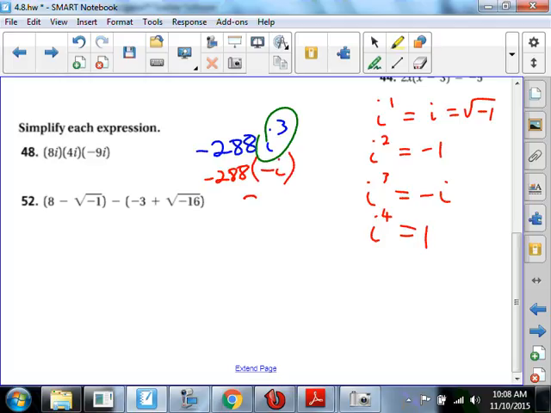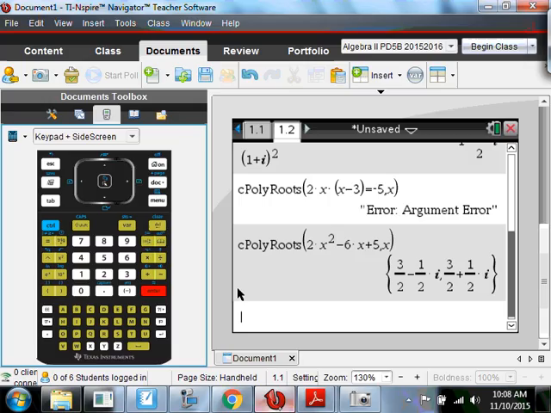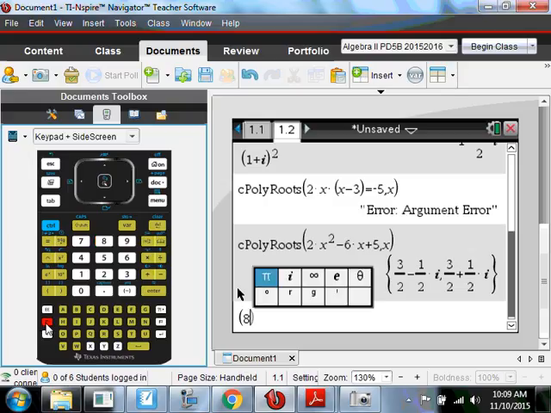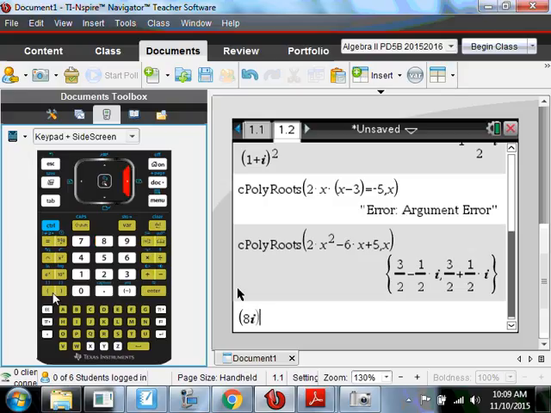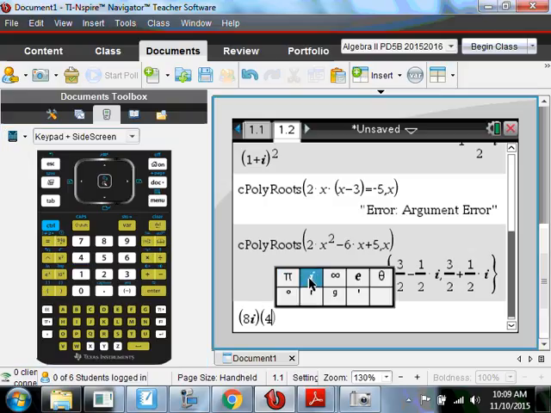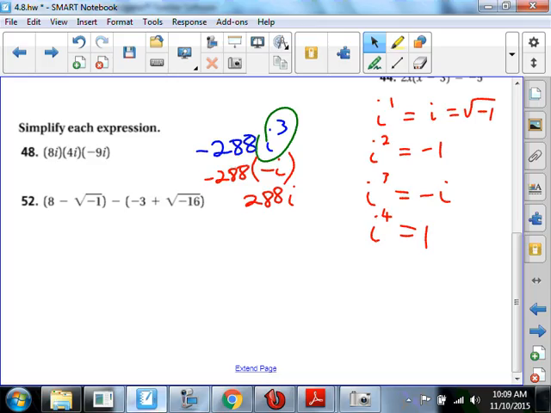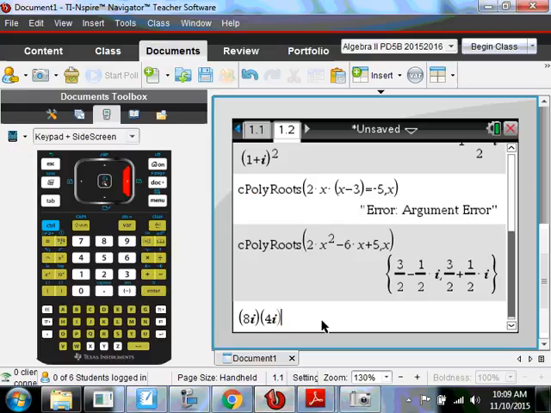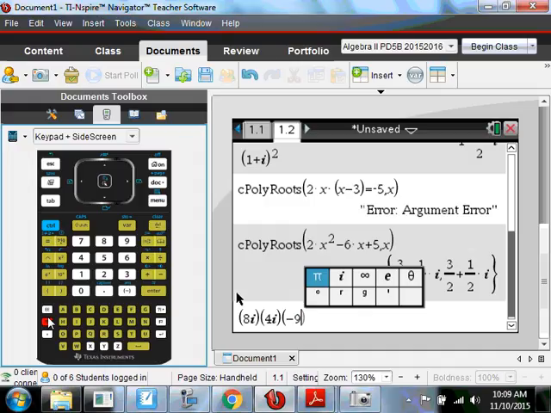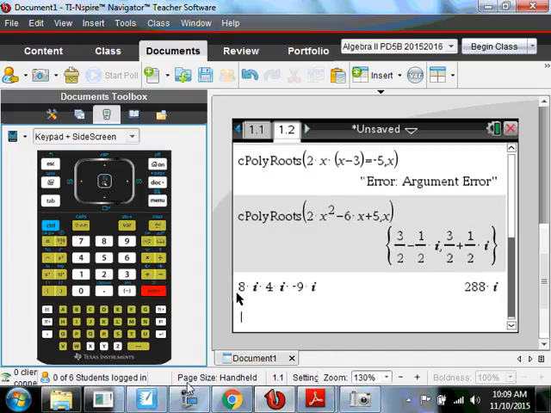So the answer you should have had is 288i on 48, okay? So what was that? 8i, it's a group of 8i times the group of 4i times negative 9i times the group of negative 9i. Remember, you got to use the proper i on the calculator. There it is, 288i. Okay.